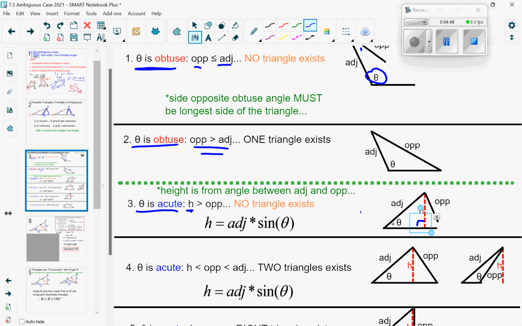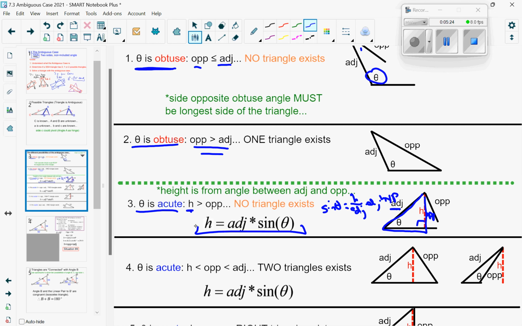Going from theta, my adjacent is now my hypotenuse, and h is my opposite of just this triangle. Therefore, sine of theta equals opposite h over my hypotenuse, my adjacent. I can multiply both sides by my adjacent length, and that's why we get this formula: h equals adjacent times sine of theta.